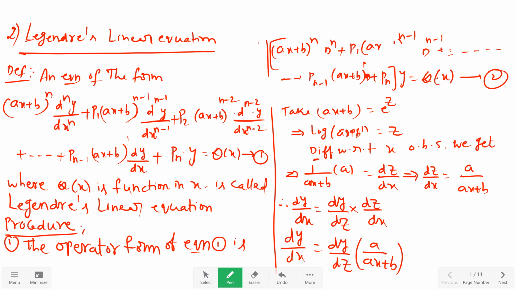So this is equation 2. Equation 2 represents the operator form or differentiation operator form of equation 1.